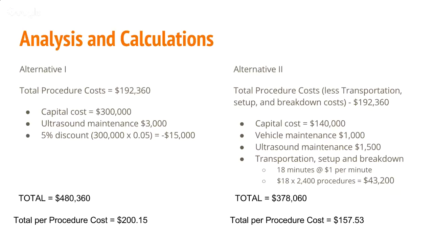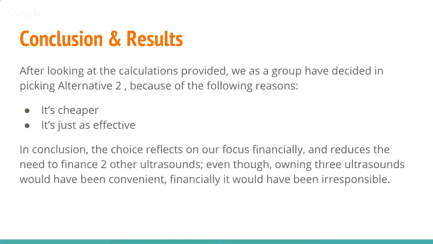It's calculated that each procedure takes 18 minutes for transportation, breakdown, and setup at $1 per minute. That's a total of $18 per procedure and $43,200 in total yearly costs. Then we added all the costs together to get $378,060 in total cost. Then we divided the total cost by 2,400 to get $157.50 per procedure.